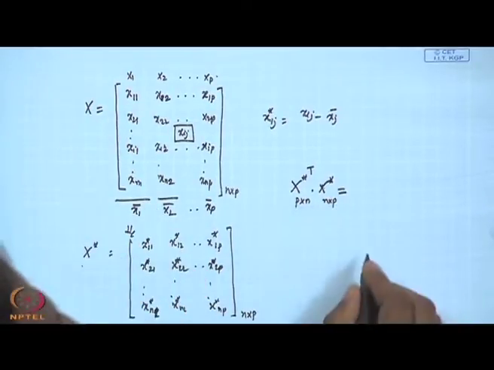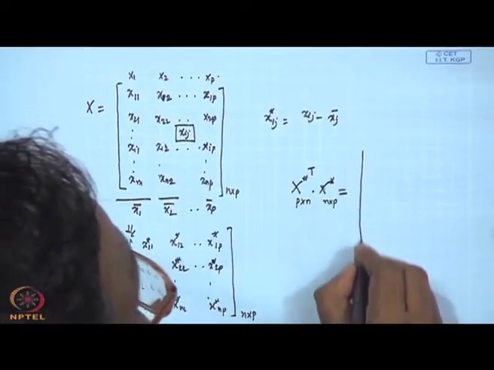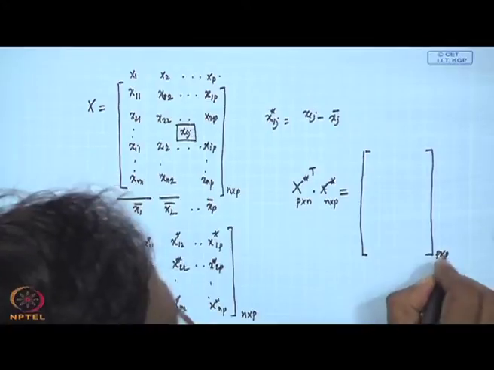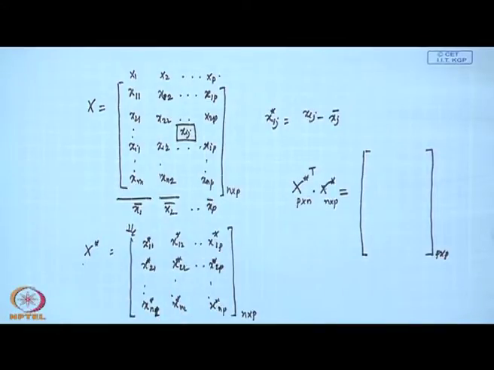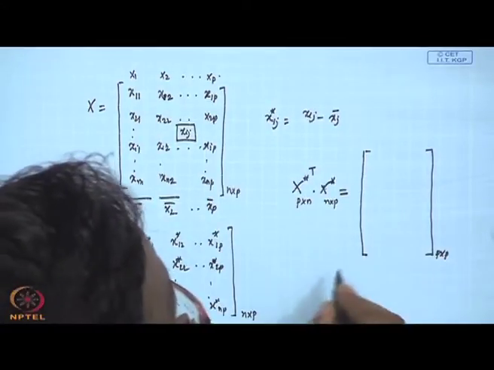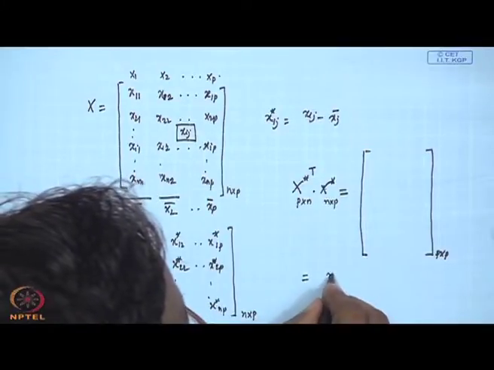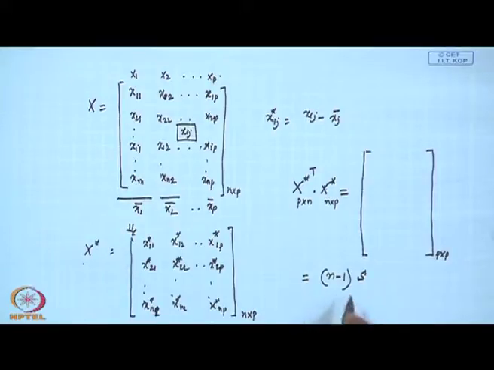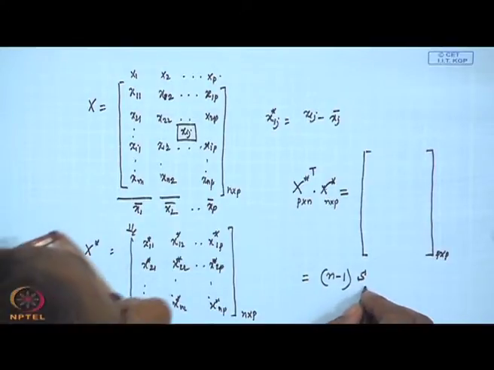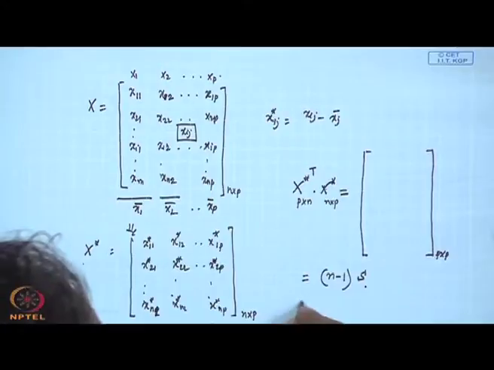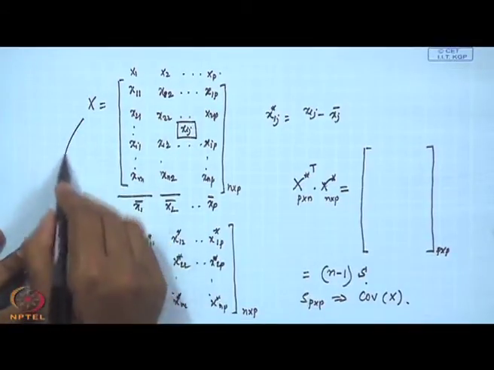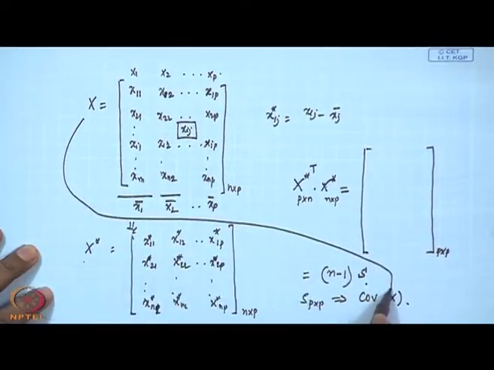The resultant matrix will be a p by p matrix, which is nothing but n minus 1 into S, where S is the covariance matrix, p cross p.